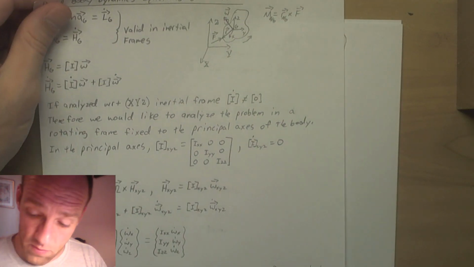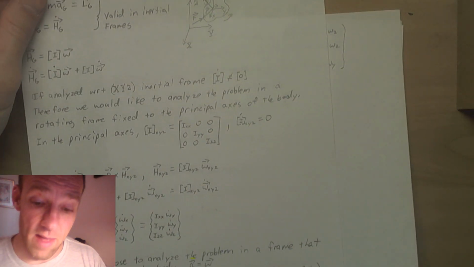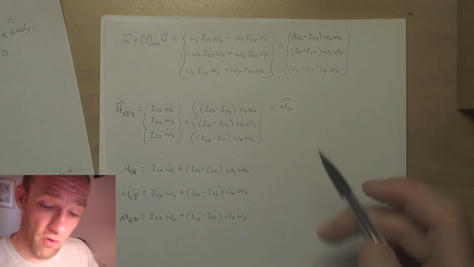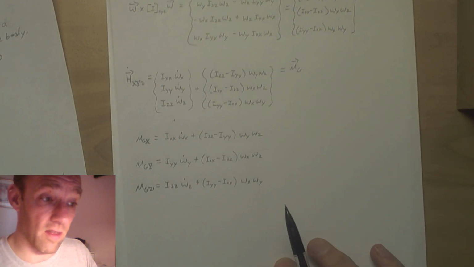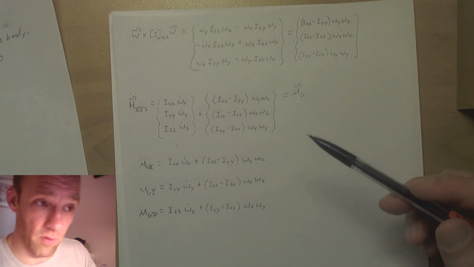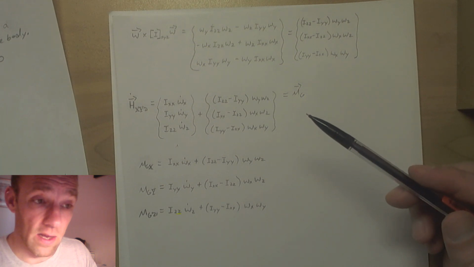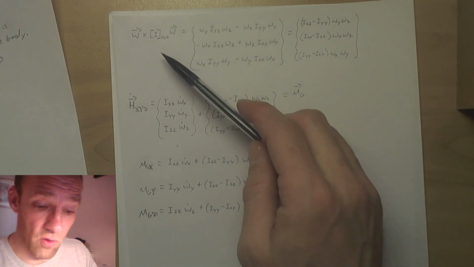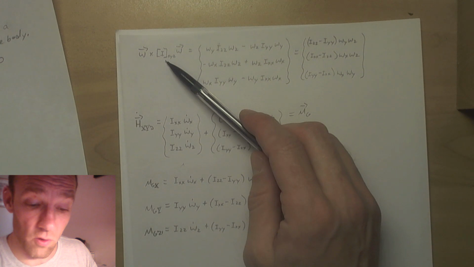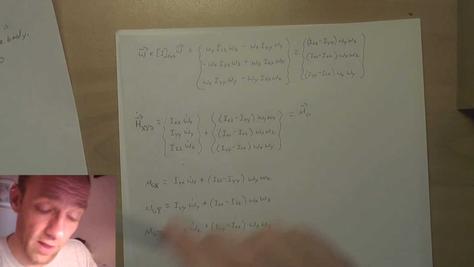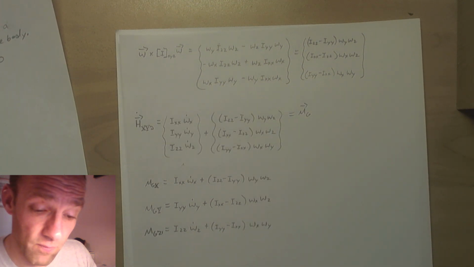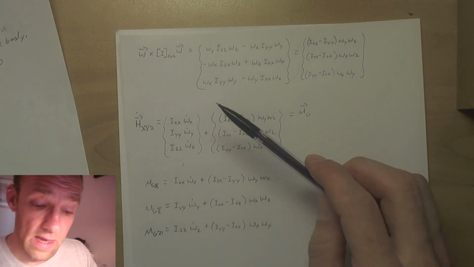However, we're going to take a step back. I think it's important that you understand where this stuff comes from, and it's not as simple as maybe what you learned in physics 2. We weren't introduced, at least I wasn't, to the inertia tensor or anything like that in introductory physics.